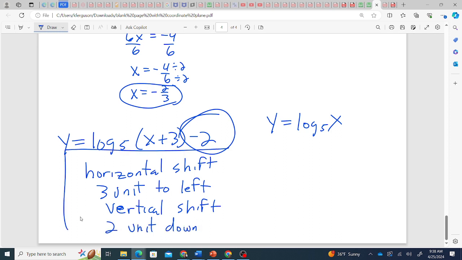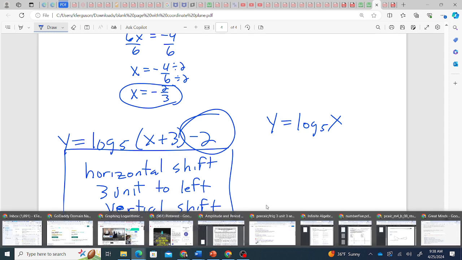That's it. You don't need to worry about the graph or the pictures. Later on I might have you do a matching thing. But all I'm asking is, if this is where I started from and this is the problem I'm giving you, you need to say that this graph is shifted 3 units to the left and 2 units down. That's the answer to that problem.